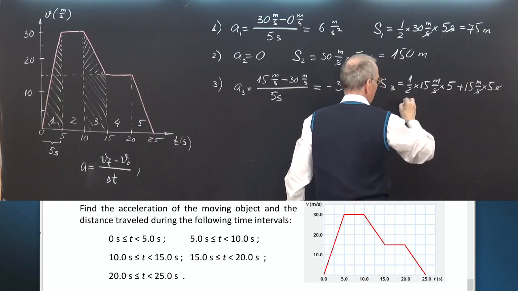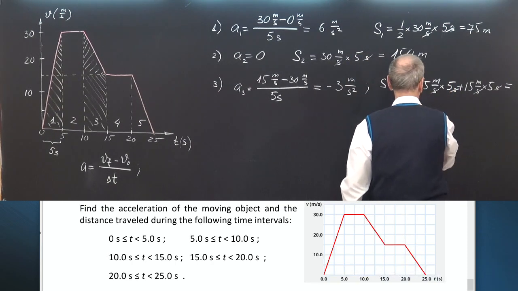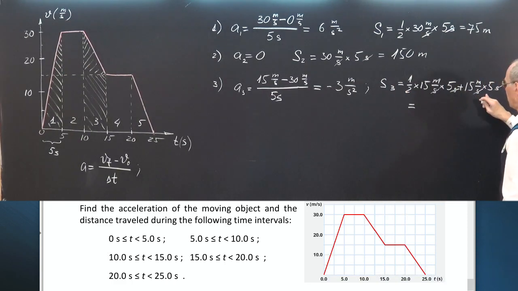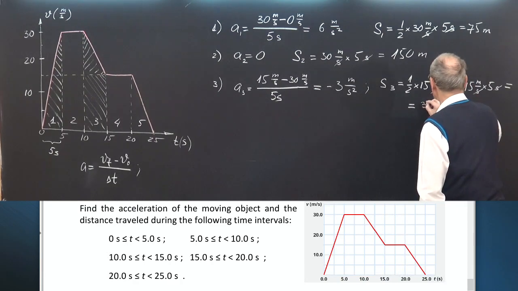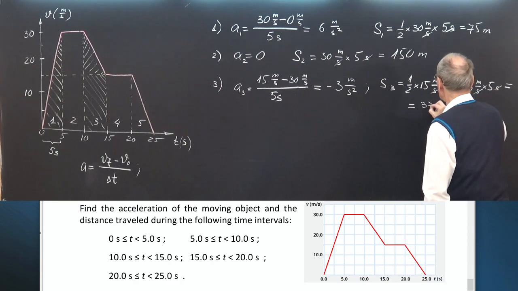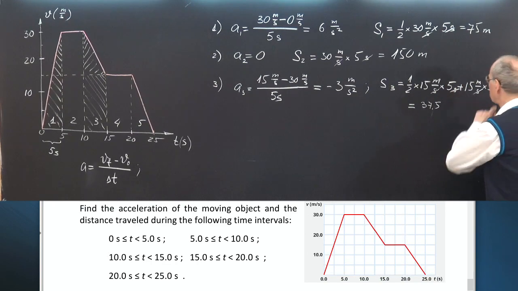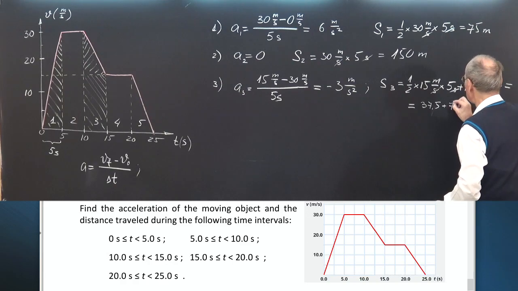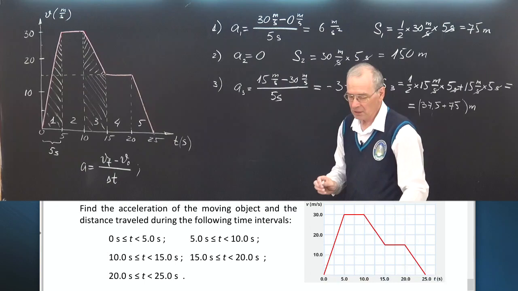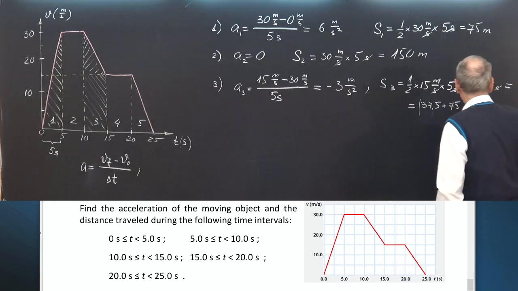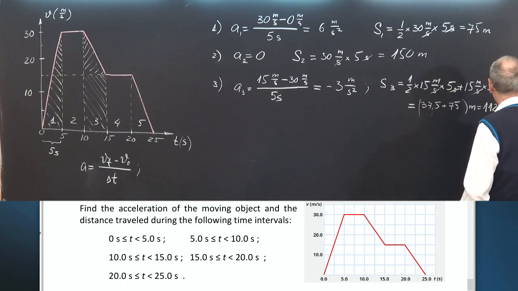Seconds dividing out, and we have 37.5 plus 75 meters. It gives 112.5 meters.